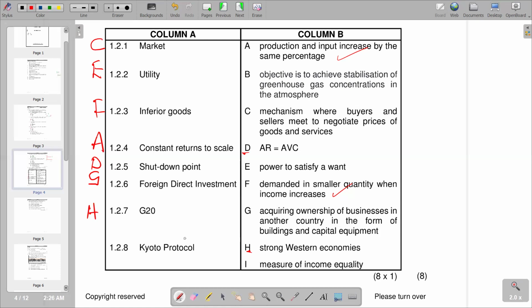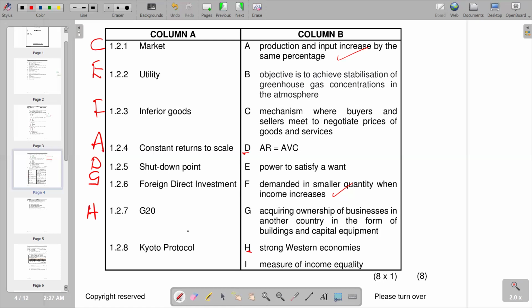Then on the last part, we have Kyoto Protocol, and we can try to see which one matches Kyoto Protocol in the explanations that we have there. Kyoto Protocol, on its own, aims to curb the air pollution blamed for global warming.